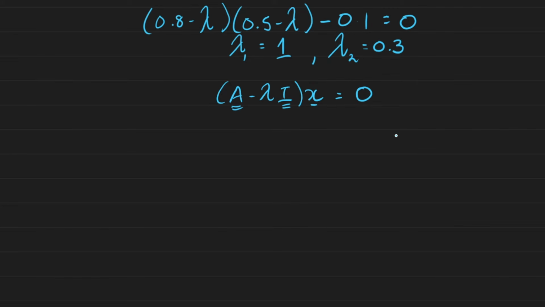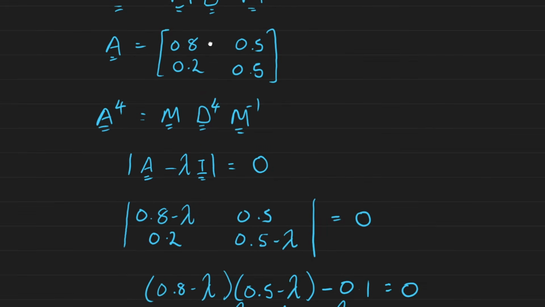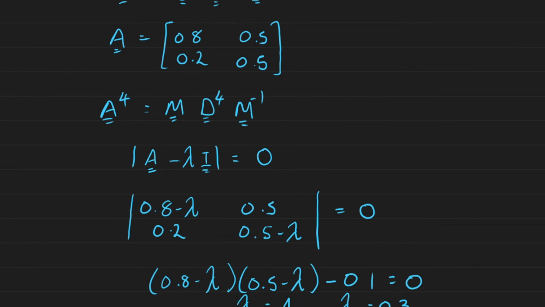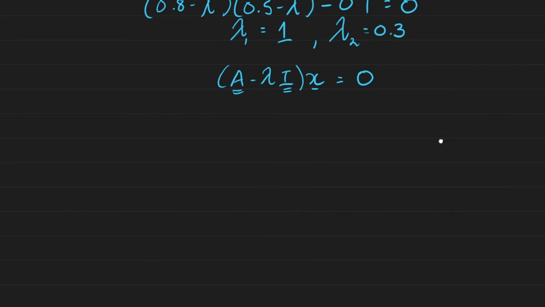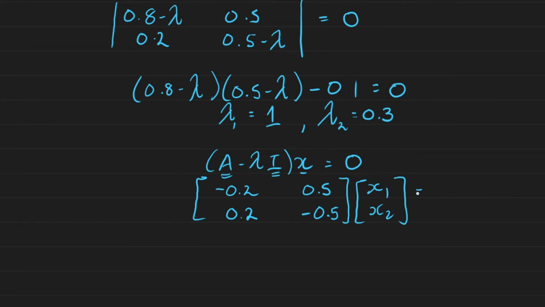Our matrix was 0.8, so we have 0.8 minus 1 and 0.5 minus 1. So 0.8 minus 1 is minus 0.2, then we have 0.5, then 0.2, and 0.5 minus 1 is minus 0.5. And this eigenvector, we can call x1, x2. This is equal to 0.